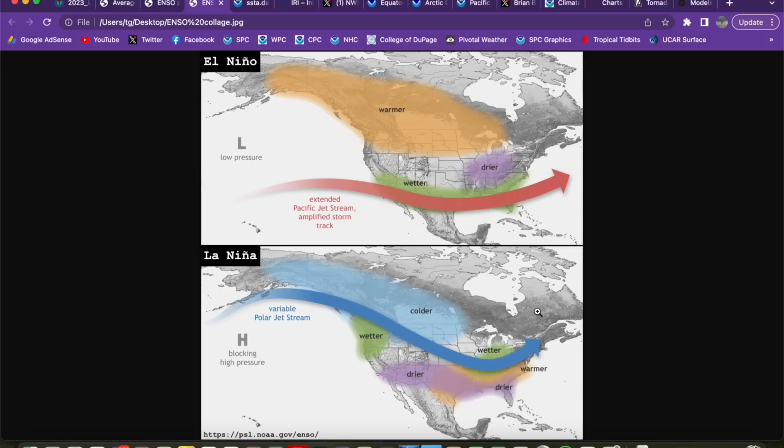So you can see how this might impact the potential for severe weather, including tornadoes across the U.S. A more active and amplified jet stream generally means more active severe weather conditions farther north during a La Niña phase, whereas a more muted jet shifted farther south during El Niño conditions means that severe potential often decreases and is confined to the far southern U.S., generally those areas adjacent to the Gulf of Mexico.